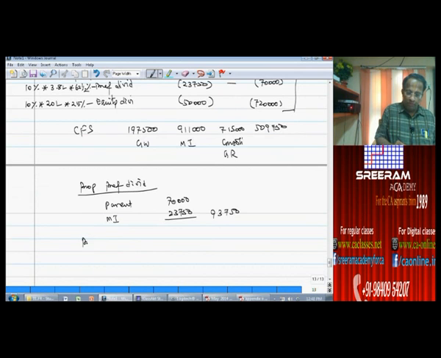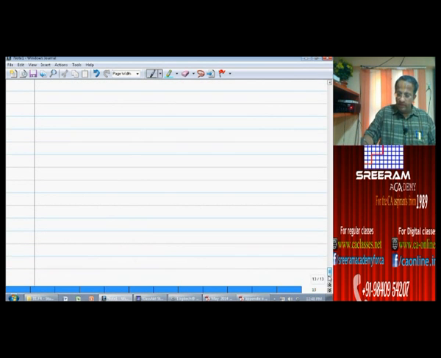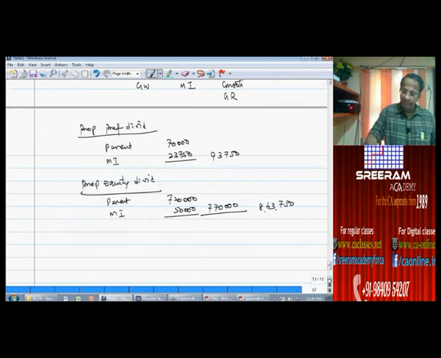Then proposed equity dividend: parent 7,20,000, minority interest 50,000, 7,70,000. So it is 8,63,750. Group proposed dividend, both preference and equity together, 8,63,750.